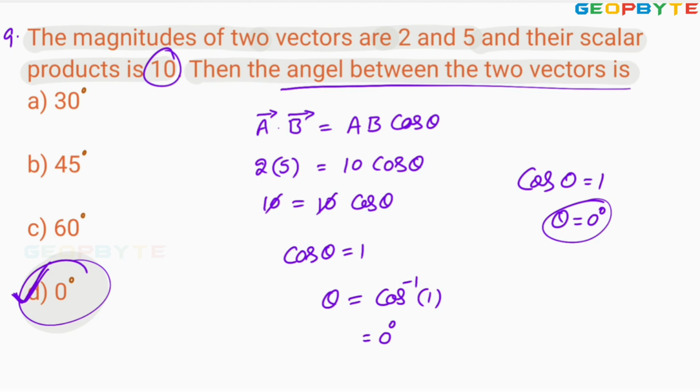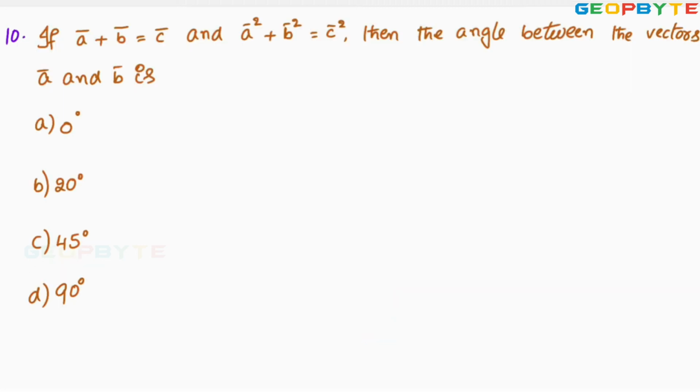Let us take the last problem. Look at the last problem. If vector A plus vector B equal to C and A square plus B square is C square, then the angle between vector A and vector B is, it is given like this.